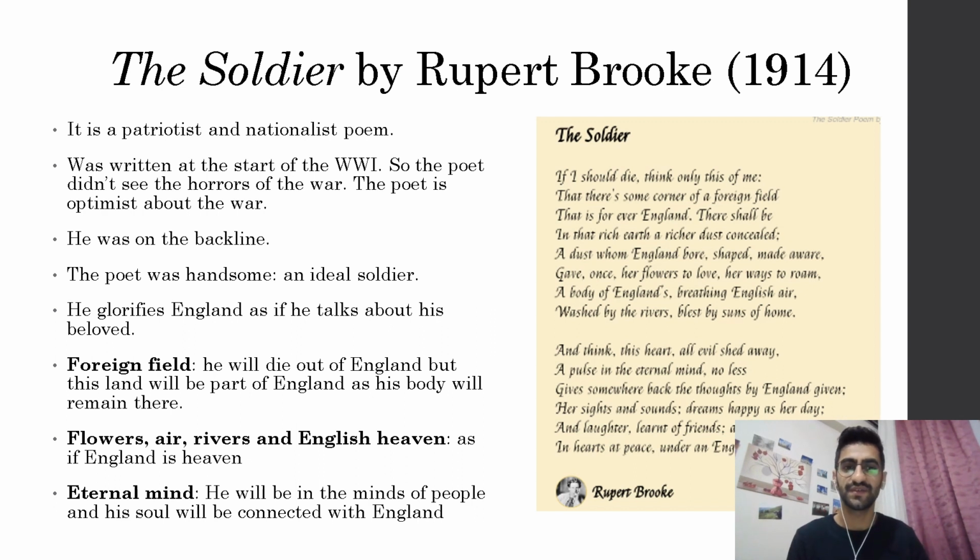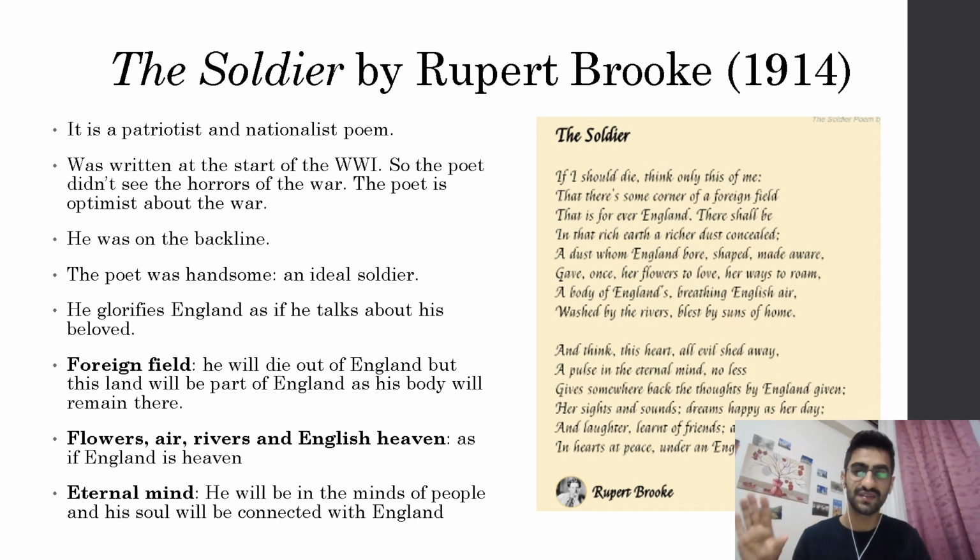In the first part of the poem, at the beginning, he says, if I should die, think only this of me, that there is some corner of a foreign field that is forever England. So what does it mean by foreign field, foreign land? He will die outside England, but this land will be part of England, as his body will remain there.